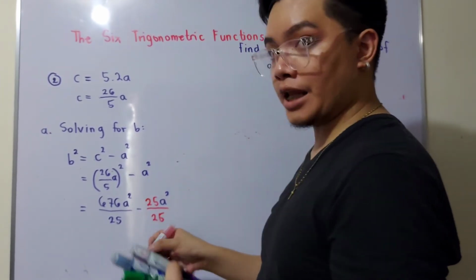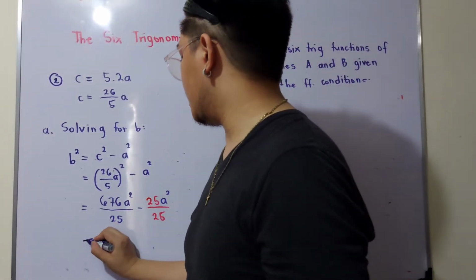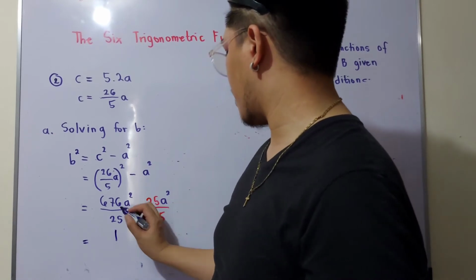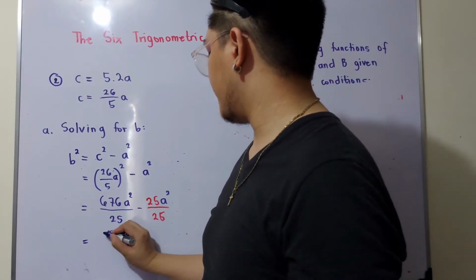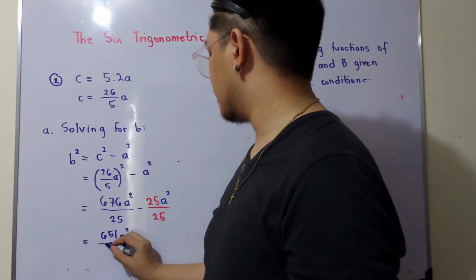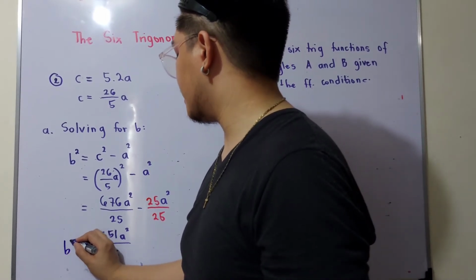Ayan, same denominator. That's gonna be 676 minus 25, 651 A squared over 25. Ayan si B squared.